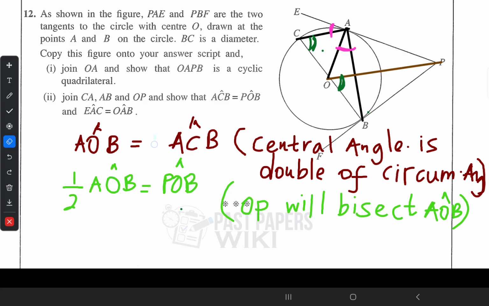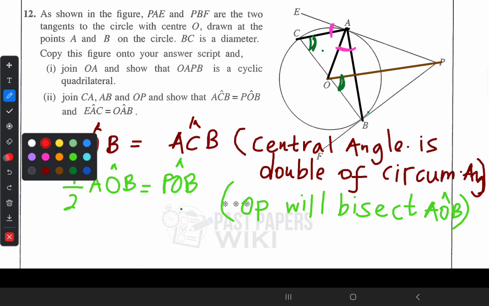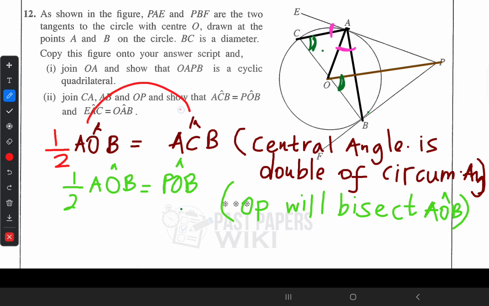I'll write this relationship something like this: half AOB equals ACB. This one's double this, so similarly, its half would be like this. That's what I'm going to write here: half AOB equals ACB.